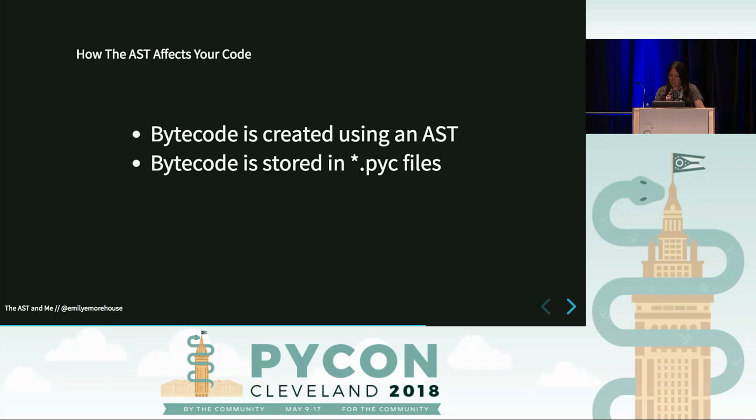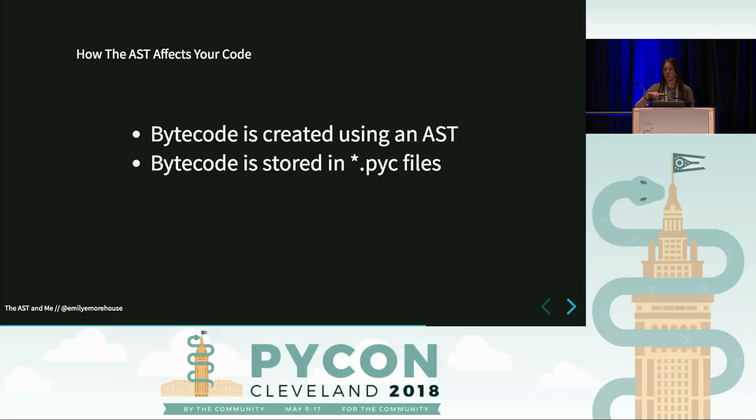Since we have this bytecode that gets generated at compile time, one way that we can improve the speed of running our code is to store all of our bytecode into files so that we're not regenerating that code every single time we build a project, right?